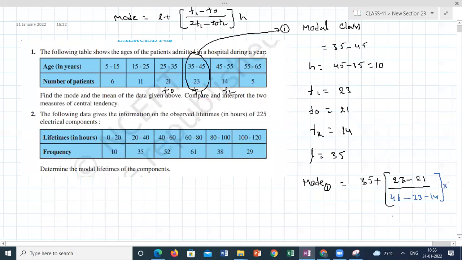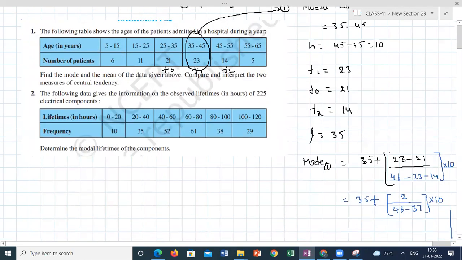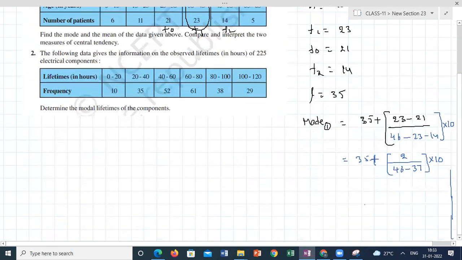This is 35 plus, 23 minus 21 is how much? 2, divided by 46 minus 20, 30, 37, into 10. 35 plus 2 divided by 3 plus 6 is 9, into 10.